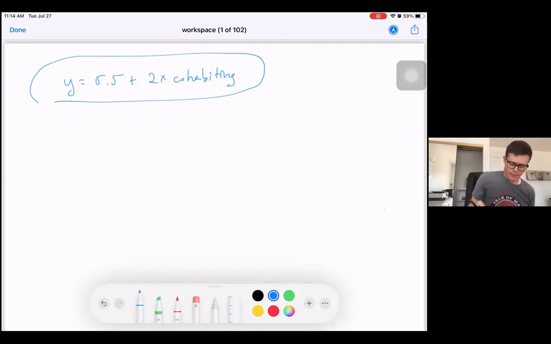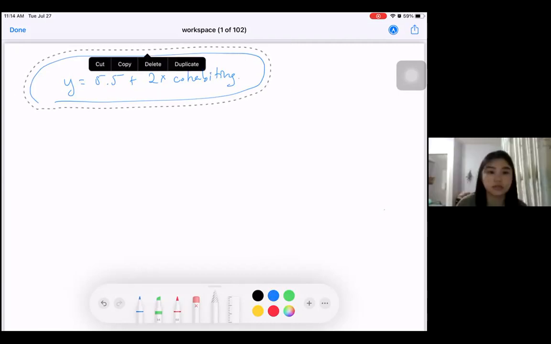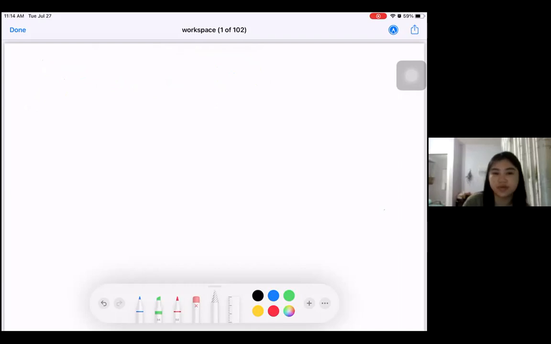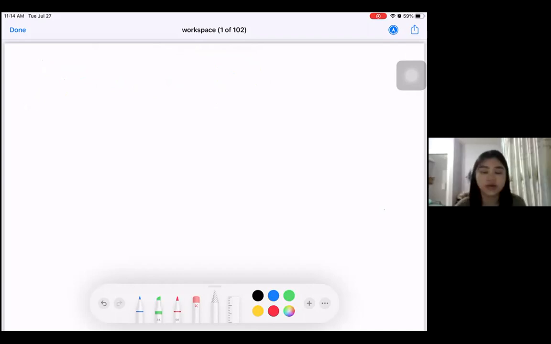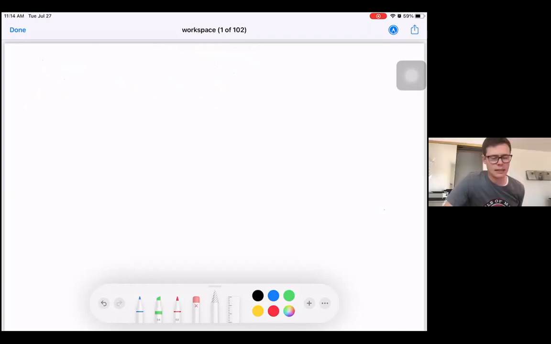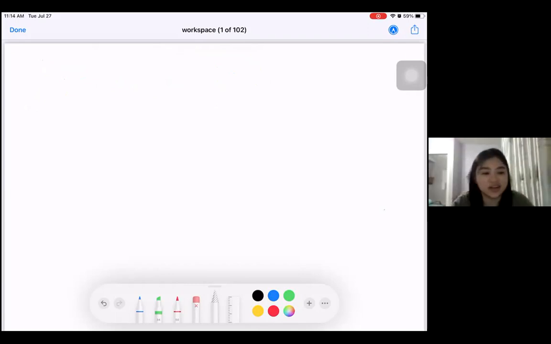Do you want me to do every step of it? No, just the 5.5, is it the y-intercept? Yes, exactly. Oh, okay. I think I know how to get there. I was just kind of confused about that.